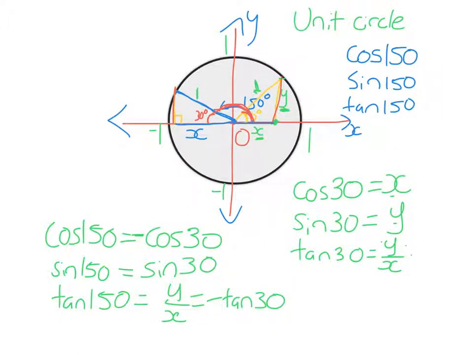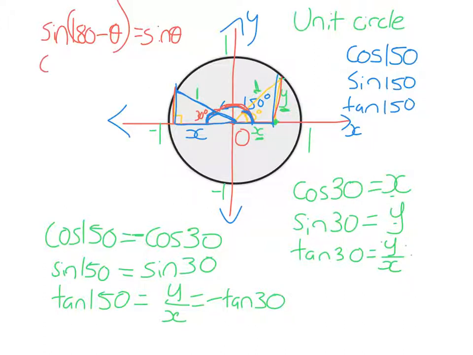This is just an explanation of how we come up with some important rules in trigonometry. So sine of 180 minus theta is the same as sine theta. We can generalize this. Whatever angle you make here, if you make the same angle on the opposite side, the two y values will be equal. Sine theta is just the y value.